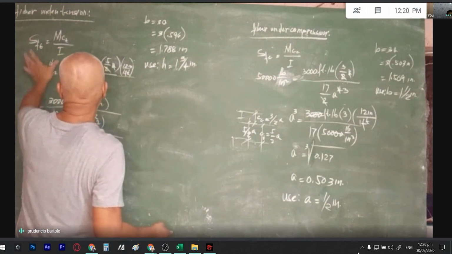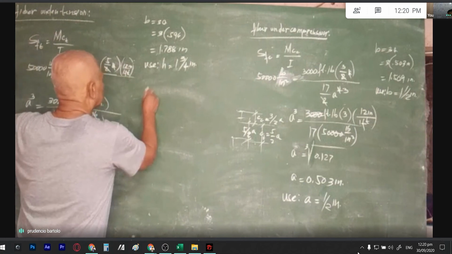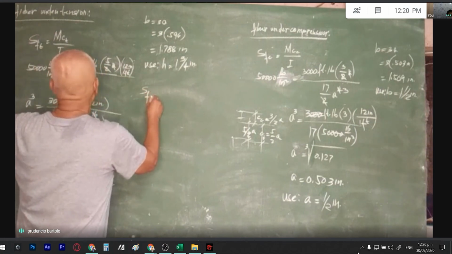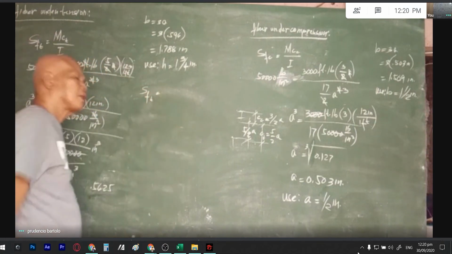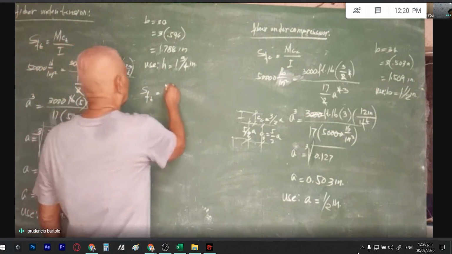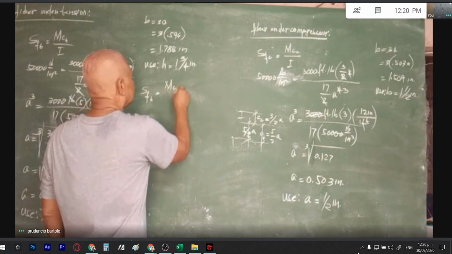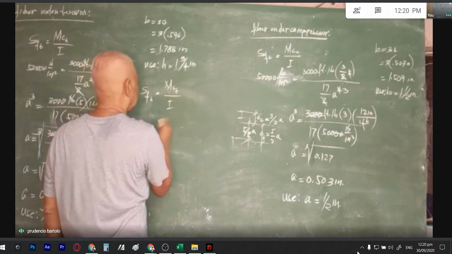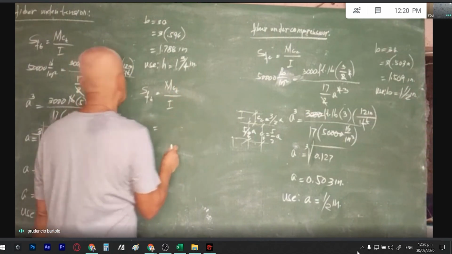We are not going to make use of this. What we are going to consider is SFT, now substituting values. So, MCP over I.